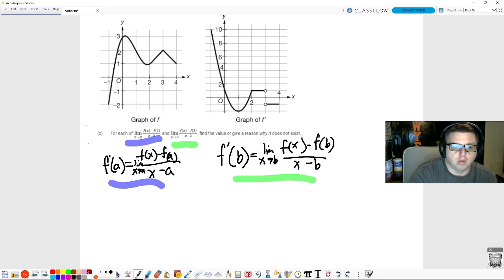So knowing and trying to understand how to look at these and understand the lingo that is used and making those connections. So find a value or give a reason why it does not exist.